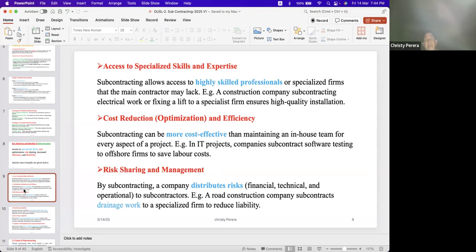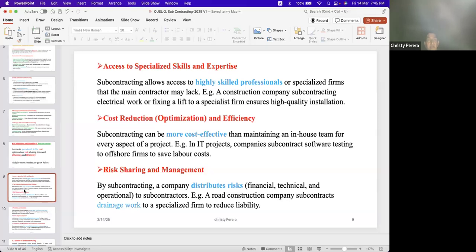Some of the risk the contractor won't take, but he can distribute among subcontractors depending on their areas. For example, I have given examples most of the time to help you understand. For example, a road construction company subcontracts drainage work to a specialized firm to reduce liability.